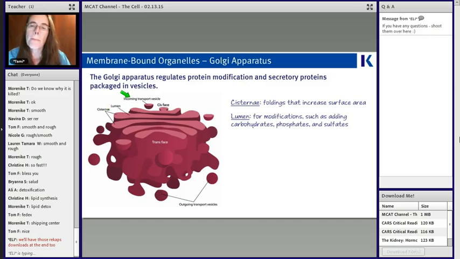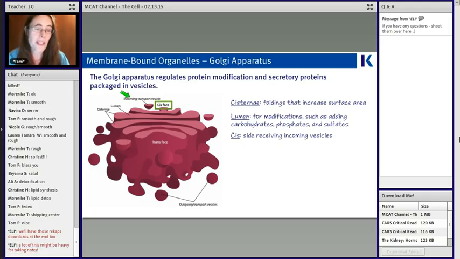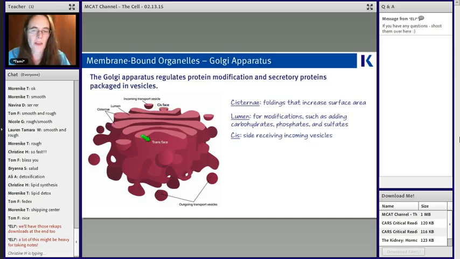Then we get our cis face, and we already said we've got these incoming transportation vesicles. These transport vesicles are bringing those lipids or proteins that were just created in the ER into the Golgi so that in its lumen it can do all those modifications that it needs. Then finally we hit our trans face.